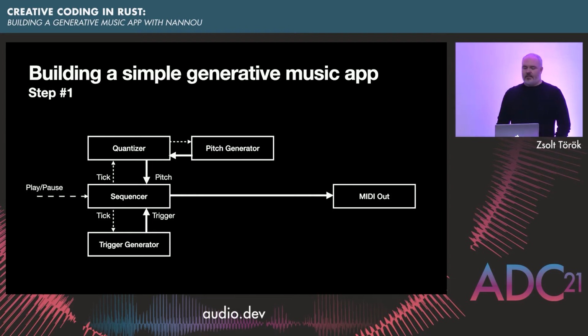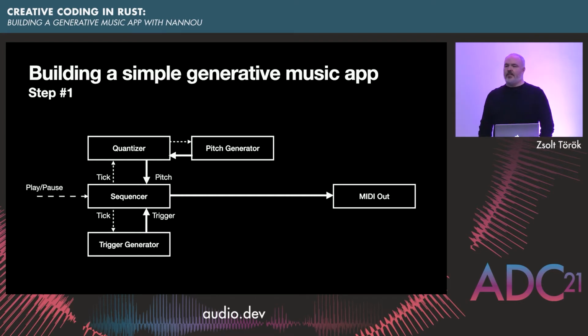I will do this in two stages, just to introduce the overall structure first, and then we'll take it to the next level and make it a little bit less repetitive and a little bit more musical. So in step one, we're going to have a sequencer object, which gets the pitch information from the boxes drawn above.